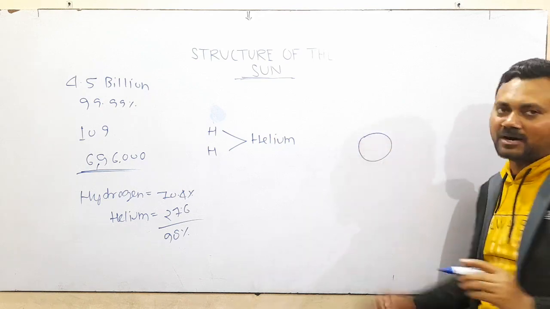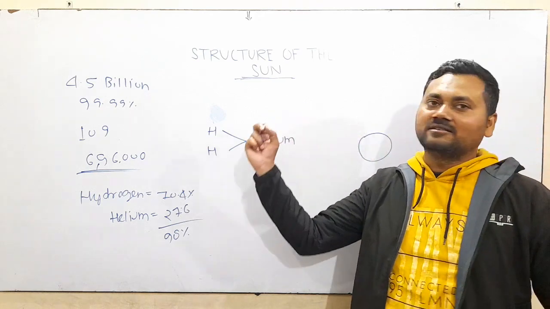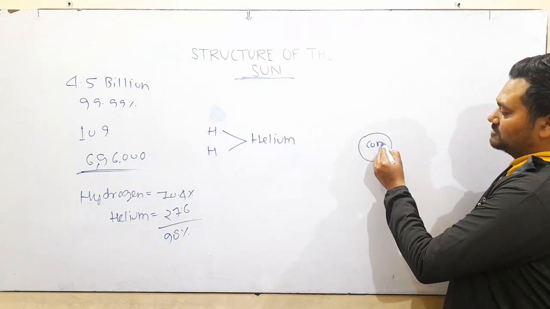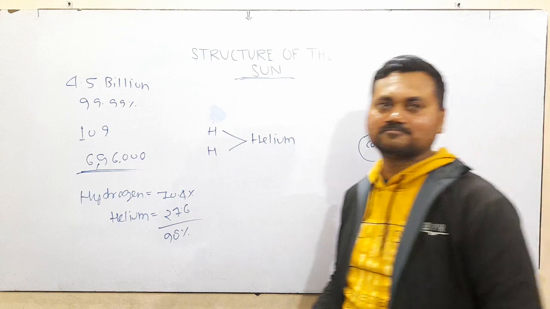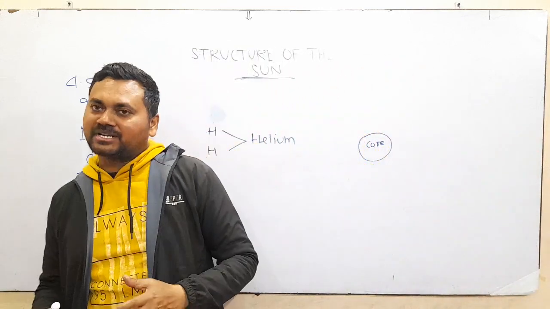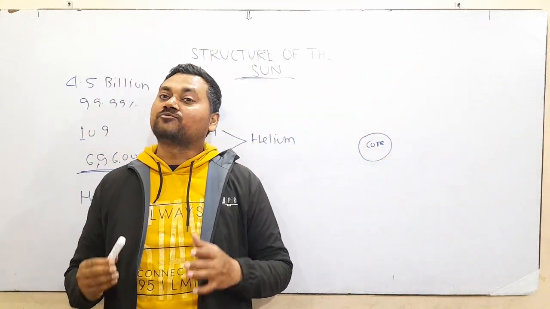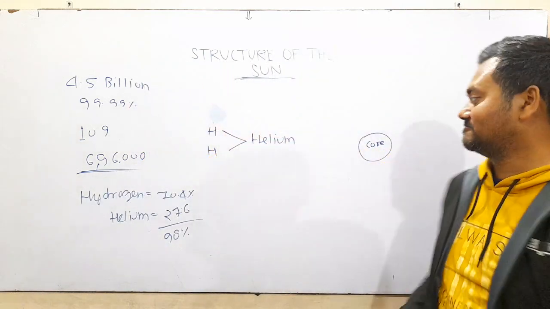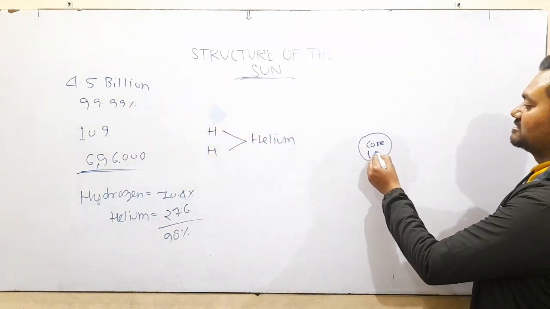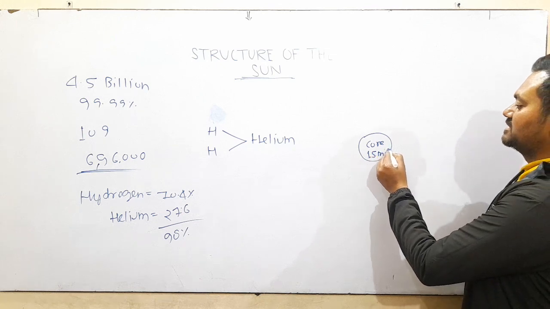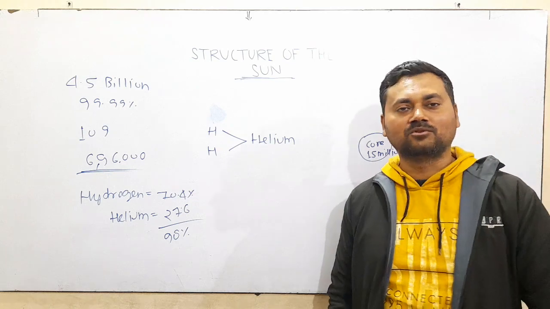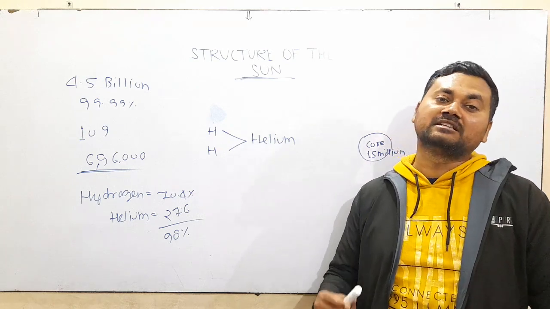The very first layer, the central part of the Sun, is called the core. The temperature of the core is 15 million degrees centigrade.